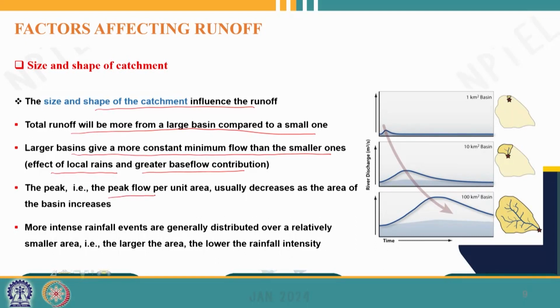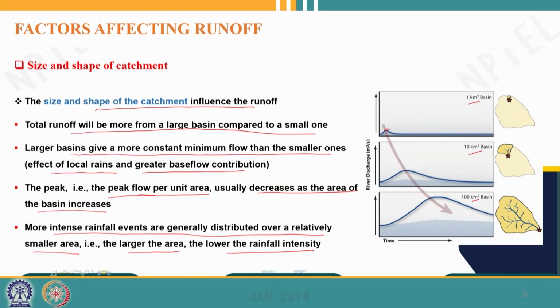The peak flow per unit area usually decreases as the area of the basin increases, which is quite obvious because of the size, and more intense rainfall events are generally distributed over a relatively smaller area. Larger the area, lower will be the intensity of rainfall. So obviously lower intensity of rainfall, but because the area is considerably large, so it is 1 square kilometer, 10 square kilometer, 100 square kilometer.